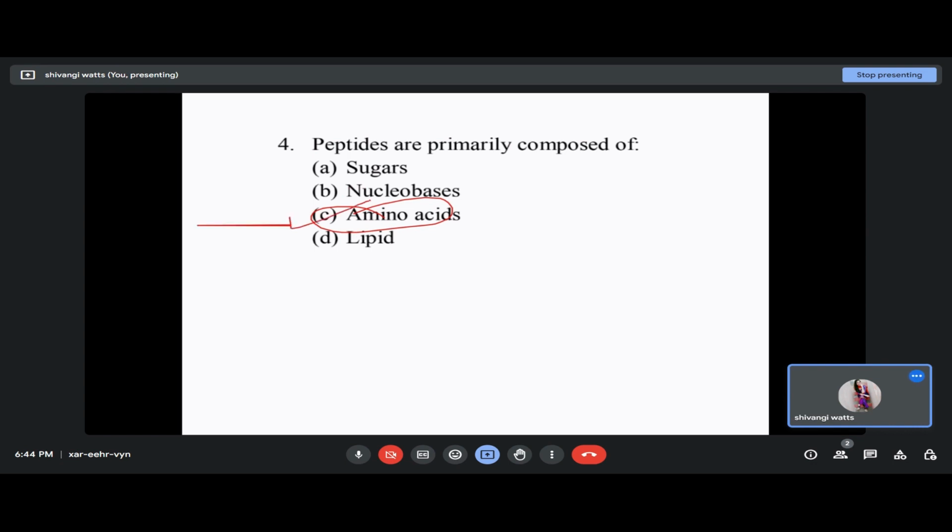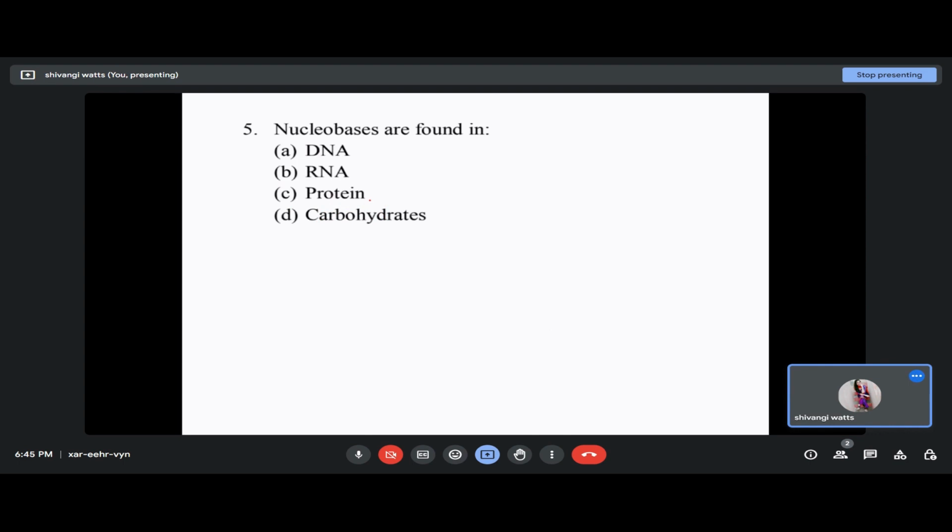So C is the right option. Moving to the next question, nucleobases are found in, I already told you, nucleic acids, DNA and RNA, which are composed of nucleobases. So nucleobases are found in DNA and RNA.